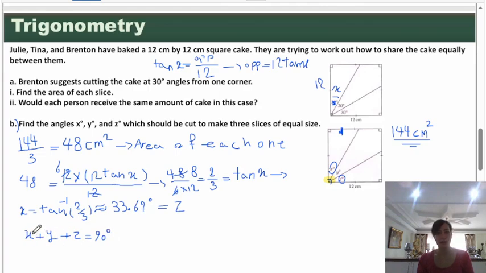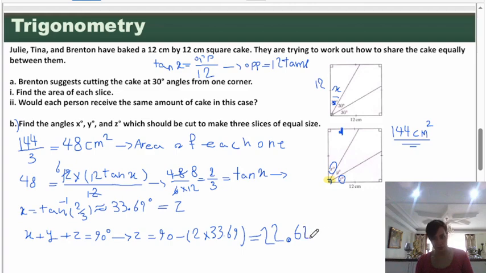So if I write X and Z, I get Y equals 90, I bring them to the right side, minus 2 times 33.69, and I will get Y equals 22.62 degrees.